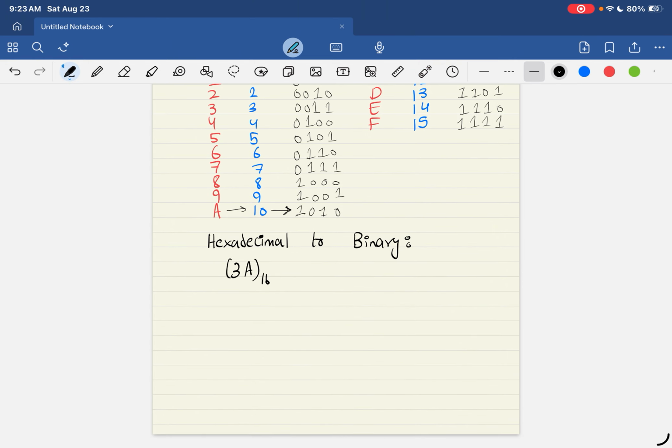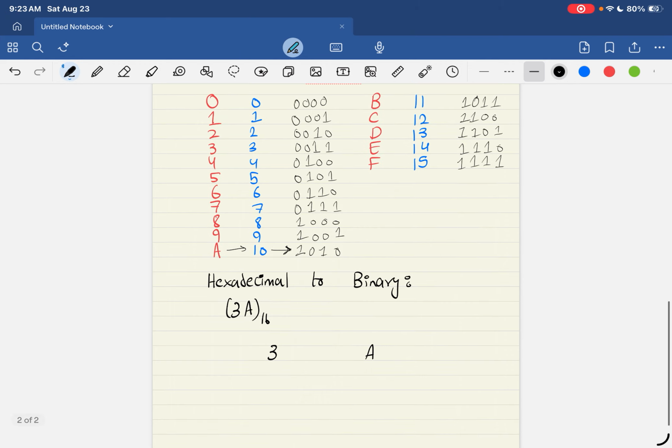All right. Now, how do we convert from hexadecimal to binary? You simply take each digit in hexadecimal, look up the table if you like, and write down their respective binary conversion from there. Okay, so for 3 you have 0 0 1 1, right? Let me write that down using blue.